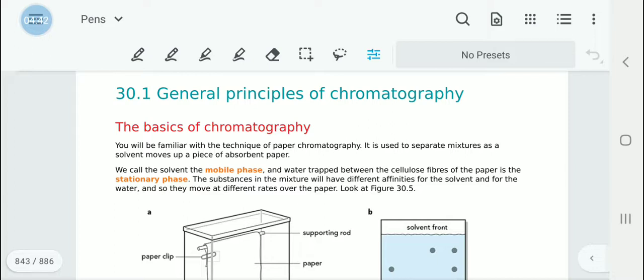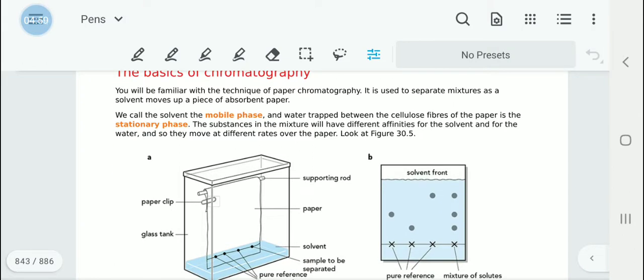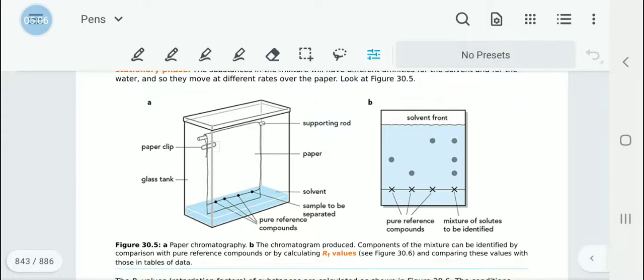The solvent is the mobile phase, and the water trapped between the cellulose fibers is the stationary phase. Because the substances that make up the mixture have different affinities for the solvent and water, they move at different rates.